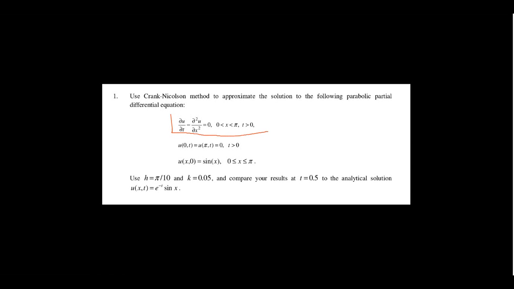Okay, so let's see how we will solve the heat equation using the Crank-Nicolson method. So this is the problem: u_t equals u_xx, where this is the boundary condition, and this is the initial condition.